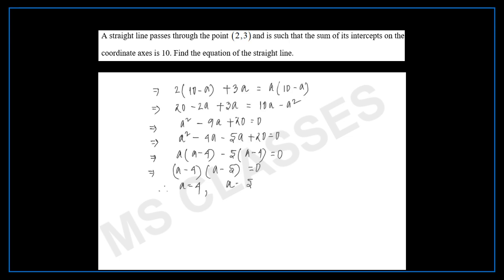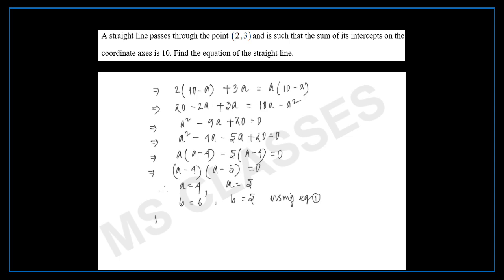When a is 4, b will be equal to 6, and when a is 5, b will be equal to 5, using equation 1. Once we have got a and b, we can find the equation of the line.